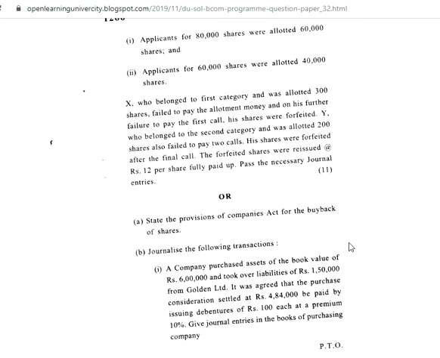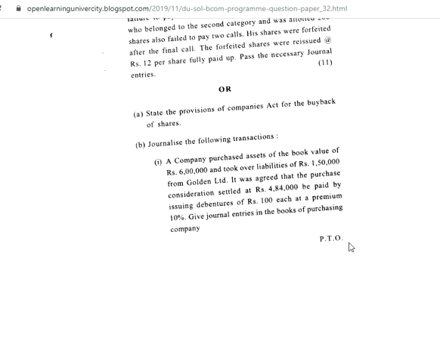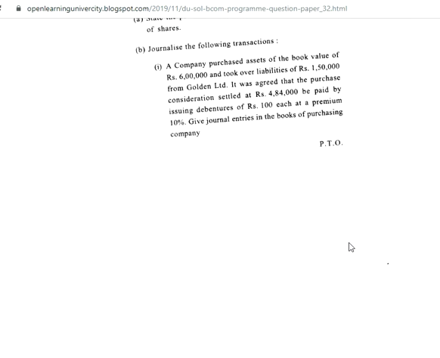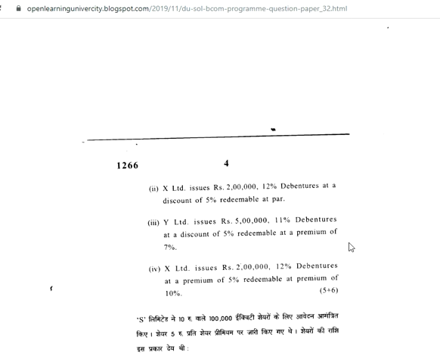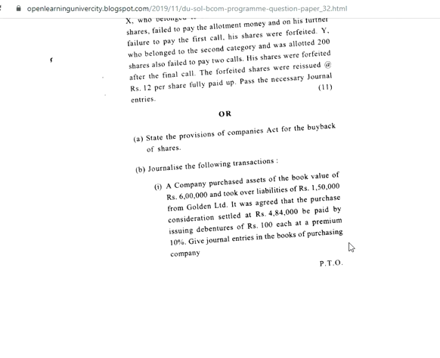As you prepare, in the optional question you have two questions in the options. Part A: state the provisions of the Companies Act for a buyback of shares. And part B is a numerical type question, so you can do it. Part A contains 5 marks, and part B contains 6 marks. Then both questions contain 11 marks. These are options.